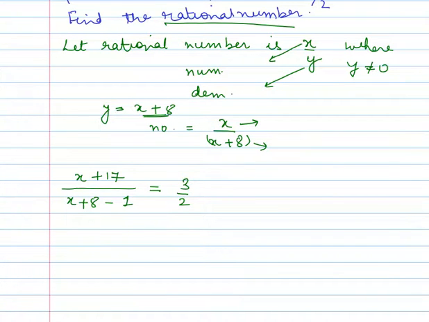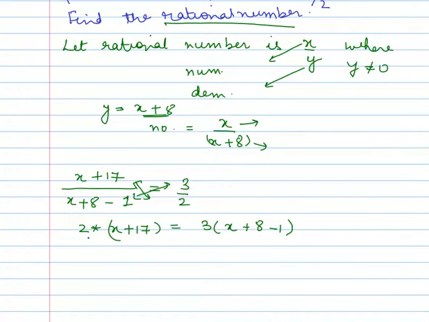So we have formed the equation. The equation has the equality sign with a left hand side and a right hand side. We will solve this equation. We will cross multiply, like this. So 2 will go over here, and 3 will come over here. So 2 into x plus 17 is equal to 3 into x plus 8 minus 1.